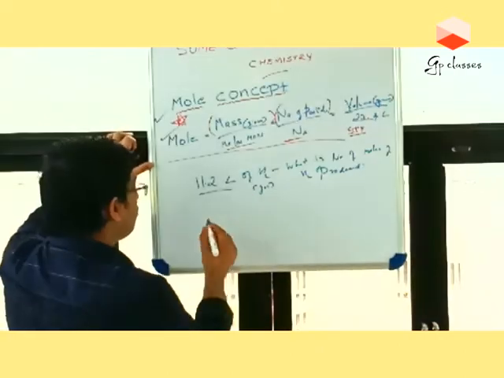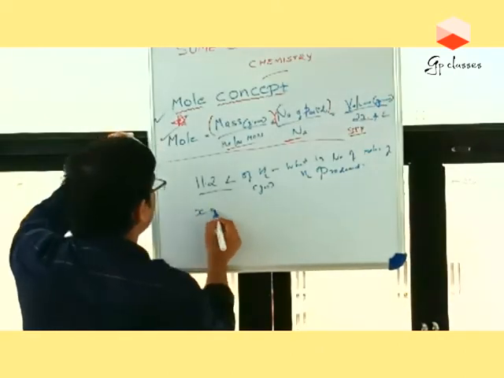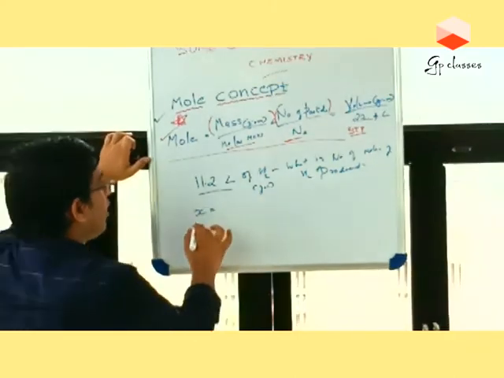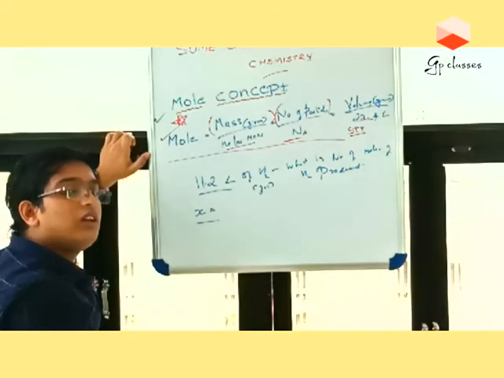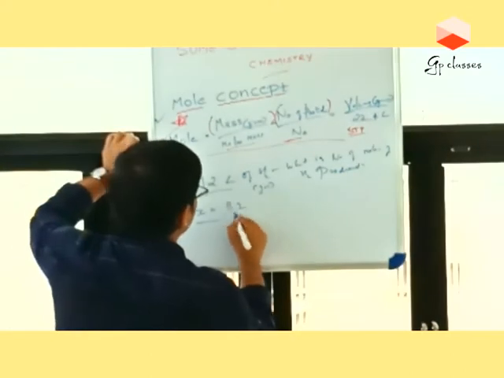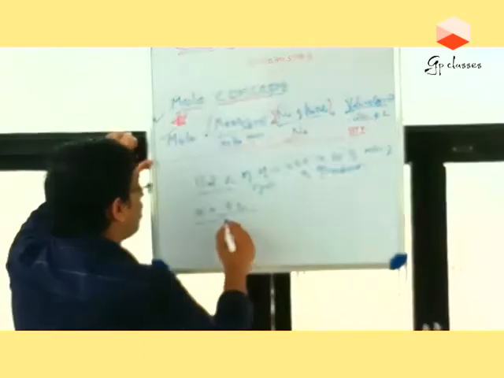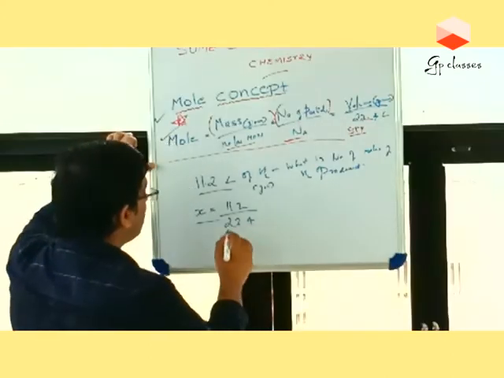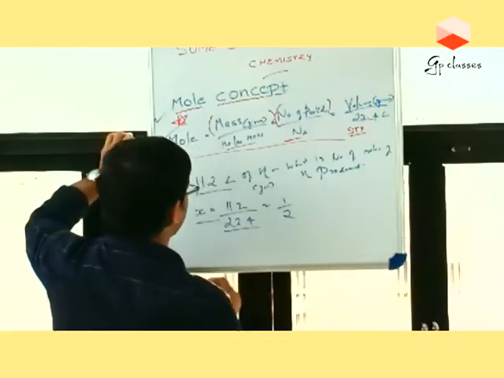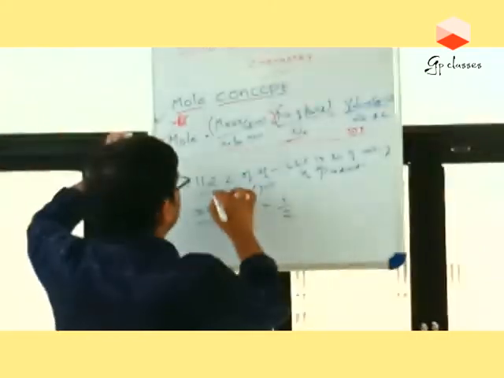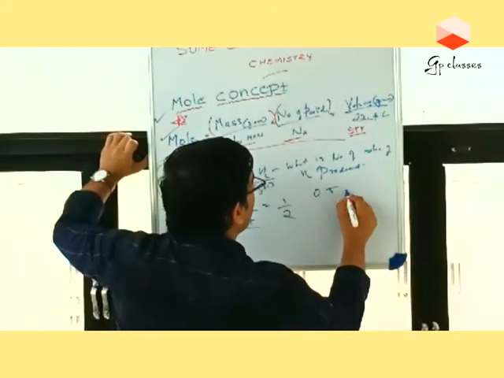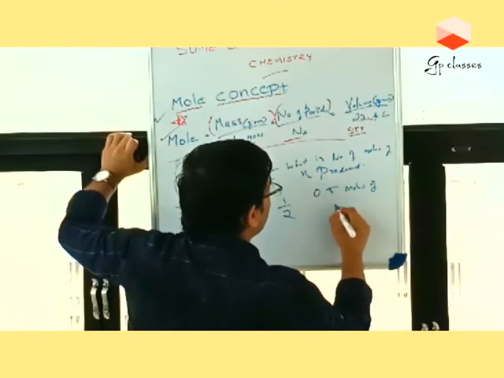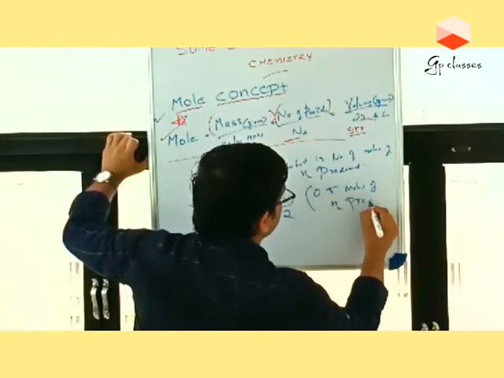You are asked to find the number of moles. So number of moles is equal to given volume by total volume at STP. The given volume is 11.2. The expected volume at STP, in the case of 1 mole, is 22.4. So you do the calculation and you get 1 by 2. Which means 11.2 liters of hydrogen produced means 0.5 moles of hydrogen molecule is produced. Okay.